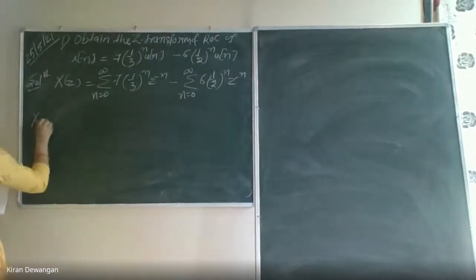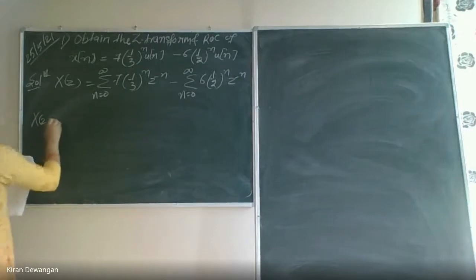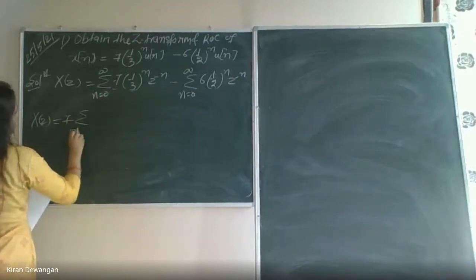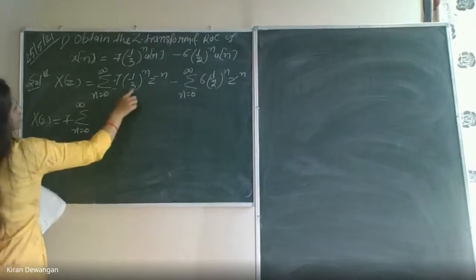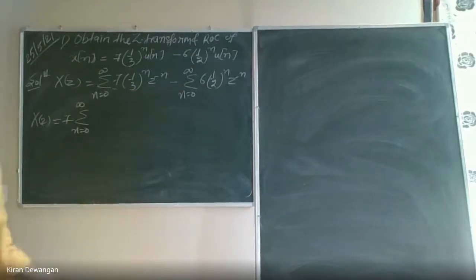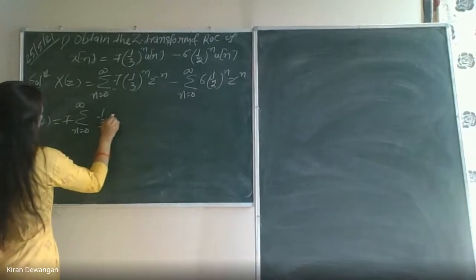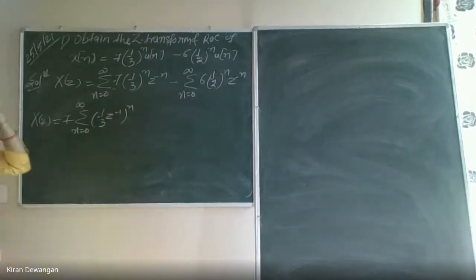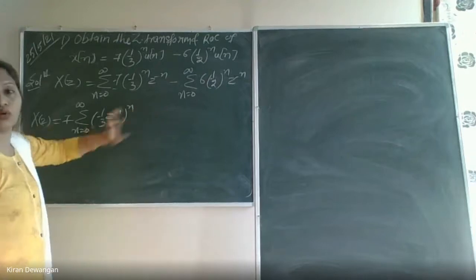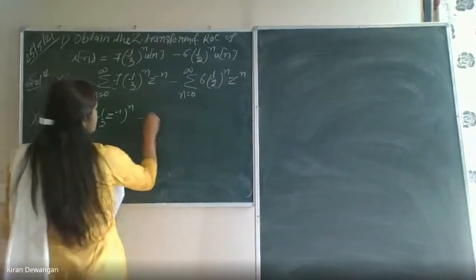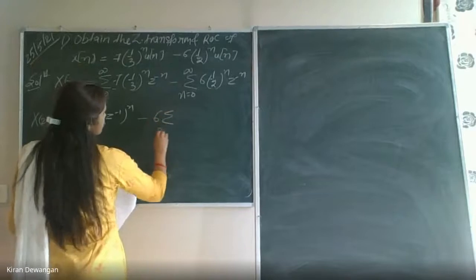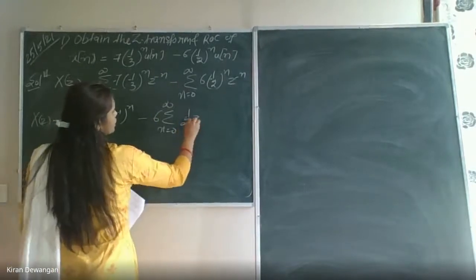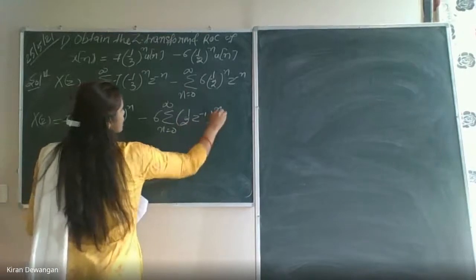Now x of z can be written as, here 7 will be taken out of the summation n 0 to infinity, this is (1 by 3)^n z to the power minus n, hence we can write (1 by 3 into z to the power minus 1) to the whole power n. Minus 6 is taken out of the summation n 0 to infinity, this becomes (1 by 2 z to the power minus 1)^n.